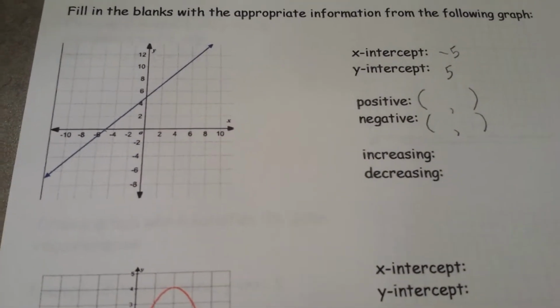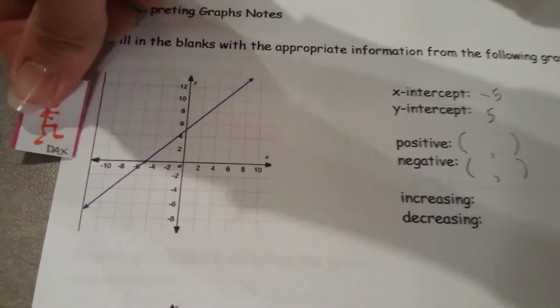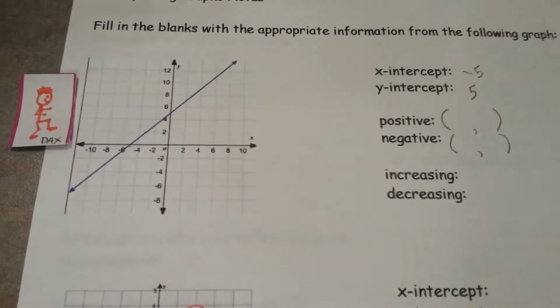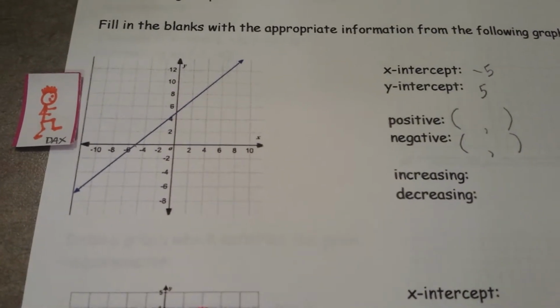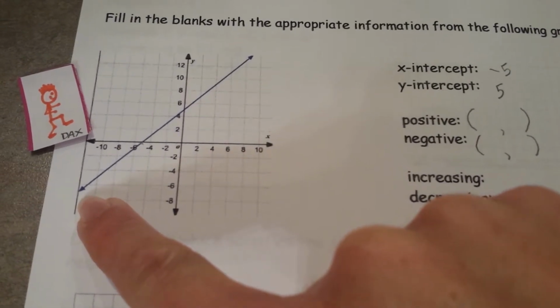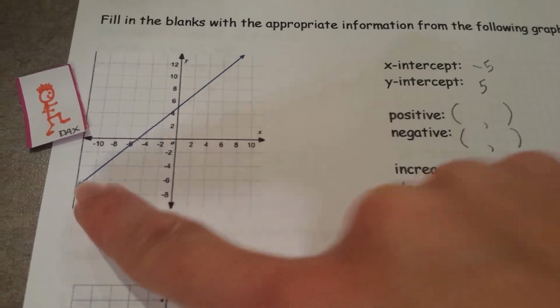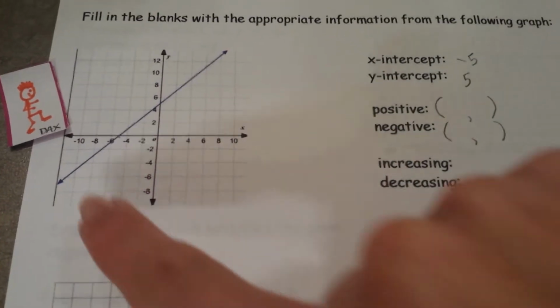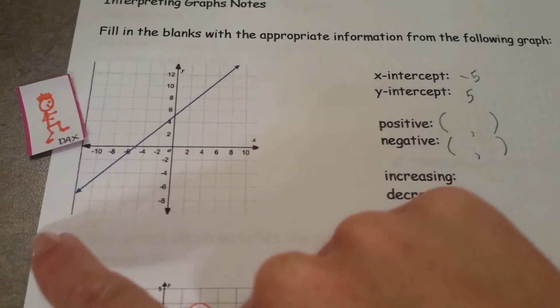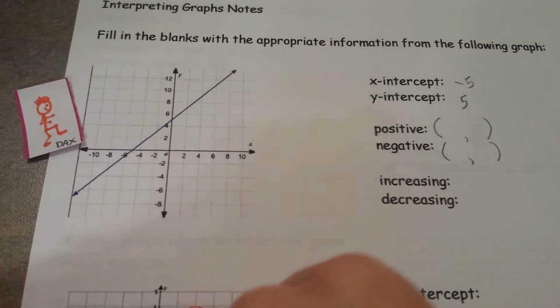So as Dax is traveling from left to right, remember he always starts at -infinity, okay? You guys will remember that this arrow on the graph means that that line goes on forever and ever in both directions. So as this line continues, yes, it's going negative in the y direction, but it's also going negative in the x direction, right?